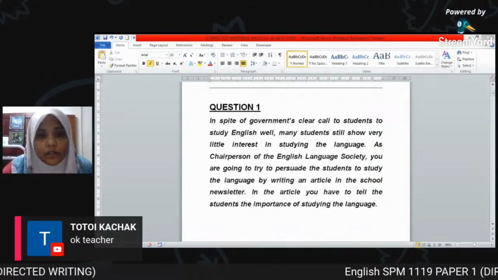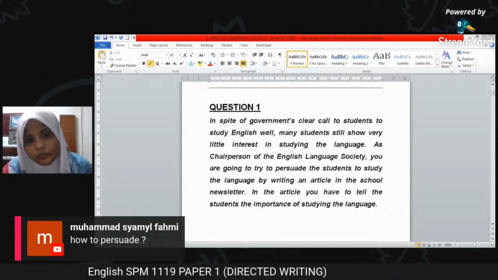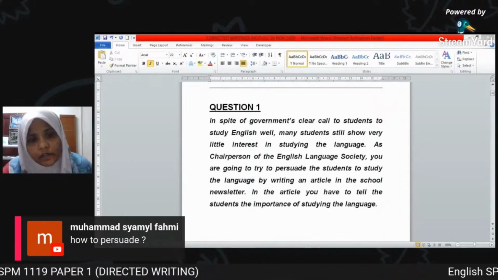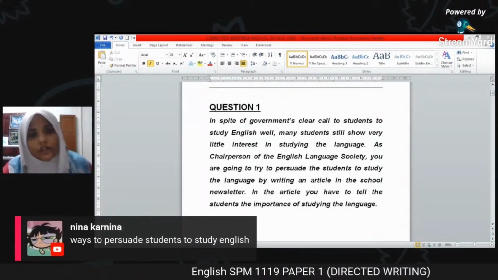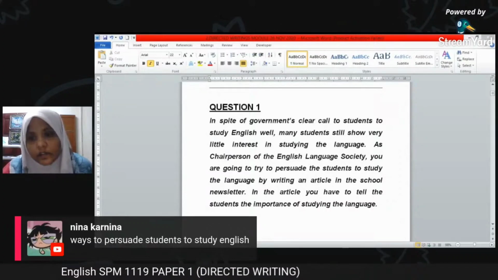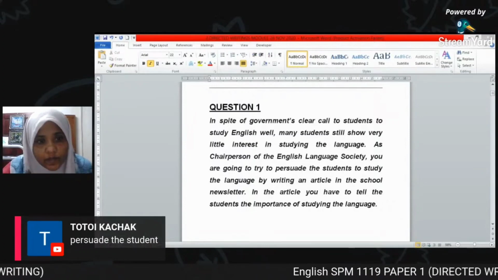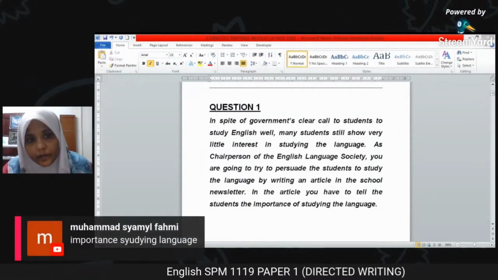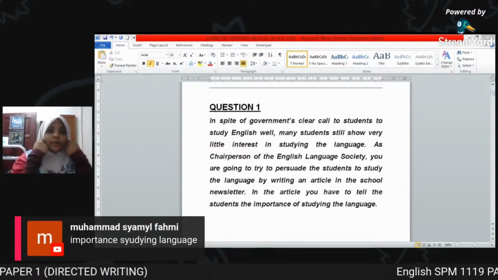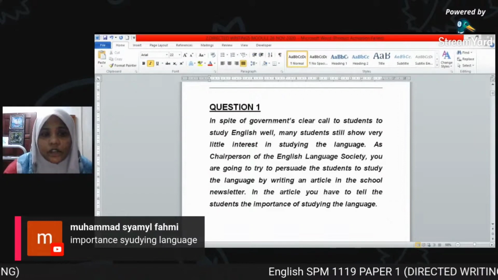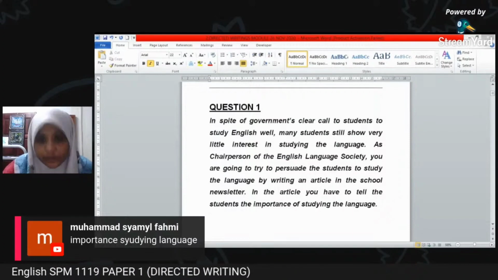Okay, first part of the question: how to persuade? In a way, yes, but before that, ways to persuade to study English, yes. But before that, there are a lot of things being asked. Persuade the students, yes, correct. Importance of studying the language, yes, correct, because you see, a statement is given before that.